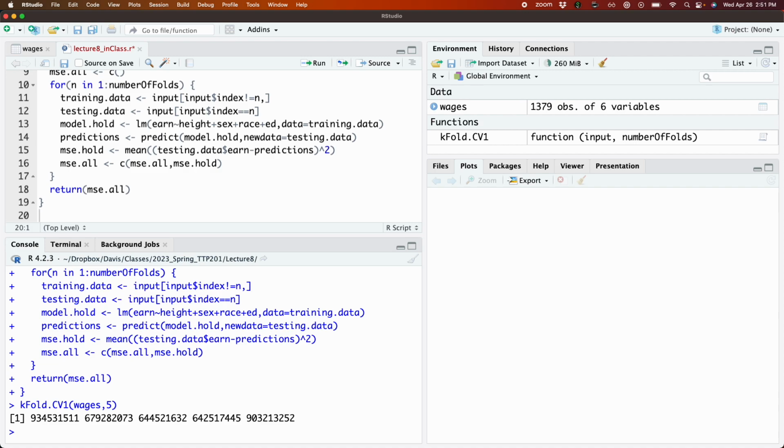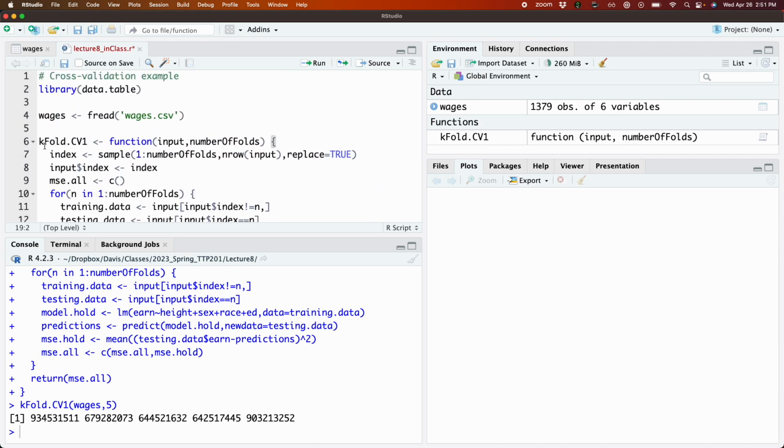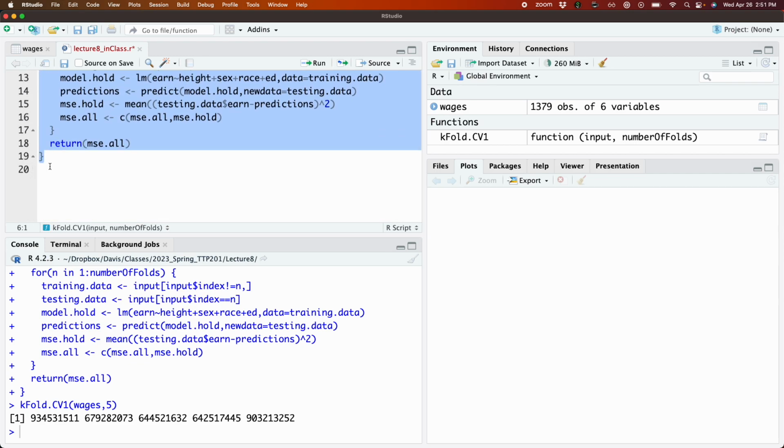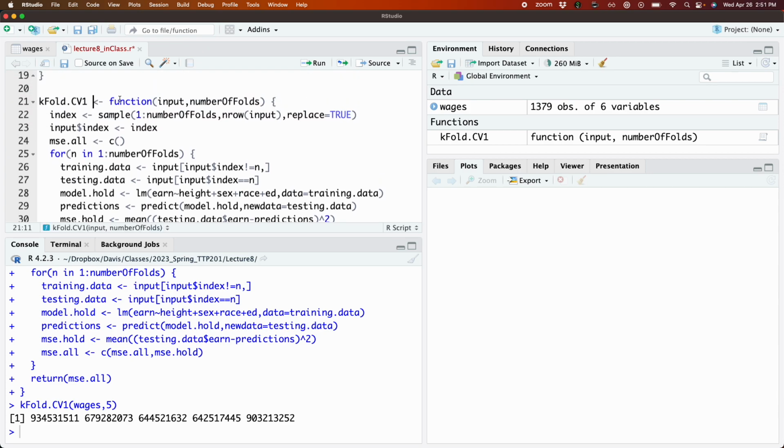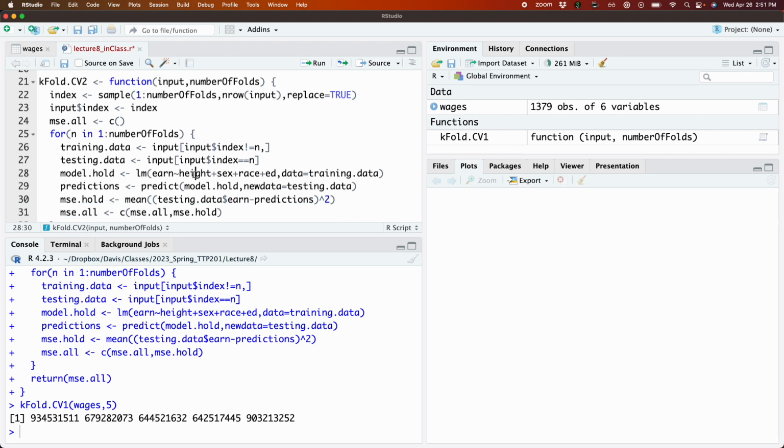Let's go ahead and copy and paste this particular example and call this CV2, and I'm going to change the model where I'm going to do age instead of height.